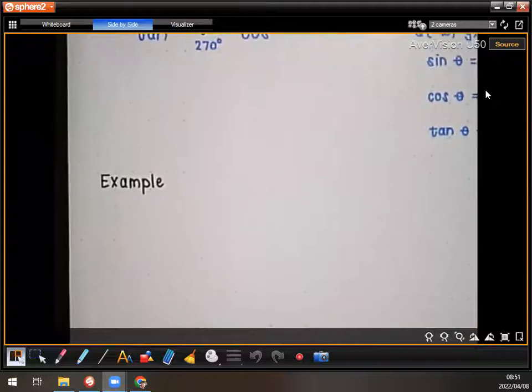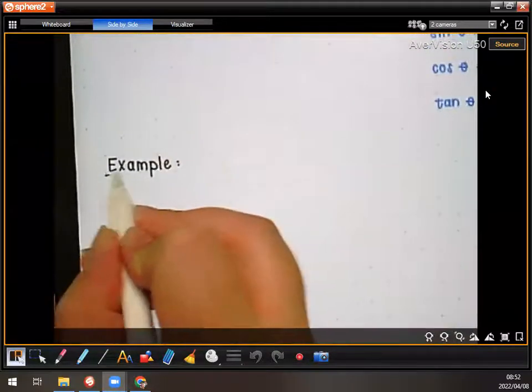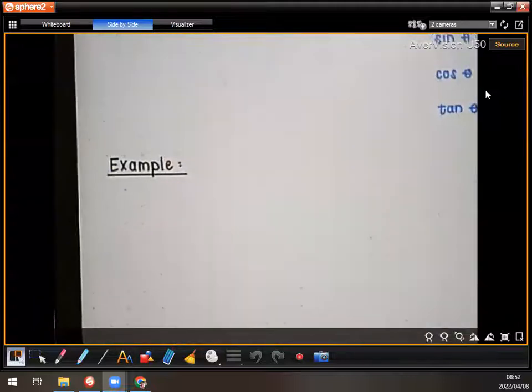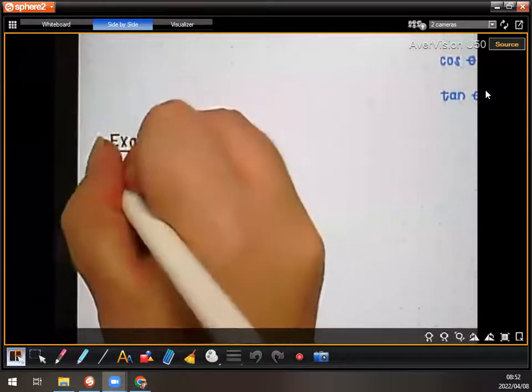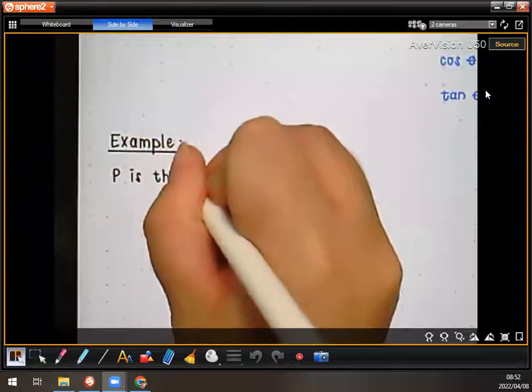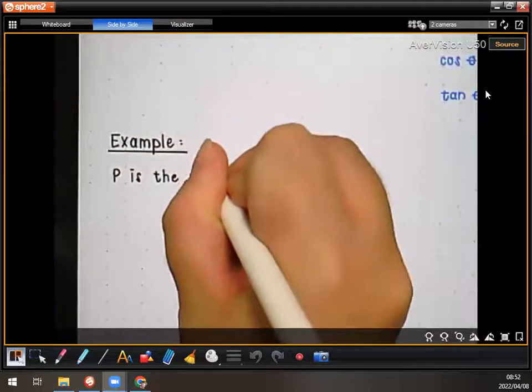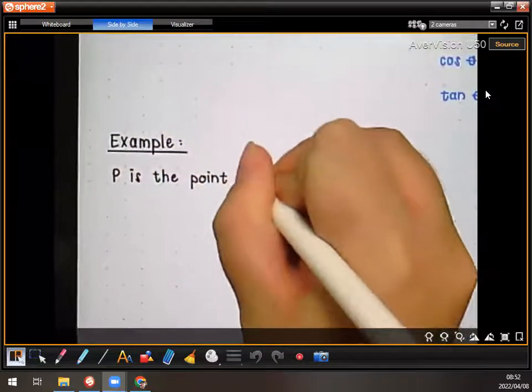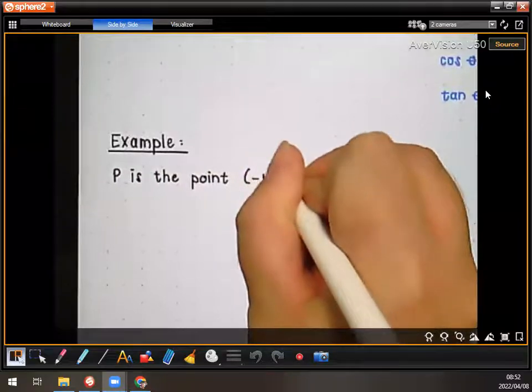Okay, so example, we'll just do the one for now. P is the point -12, 5.